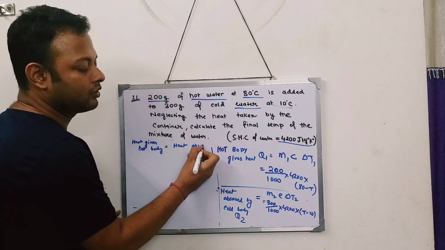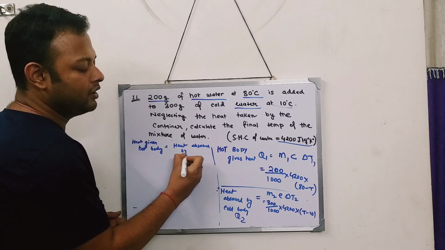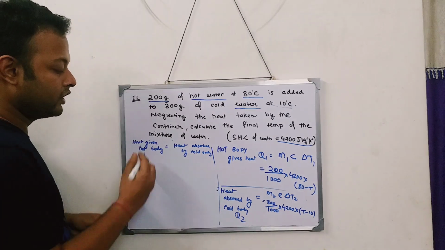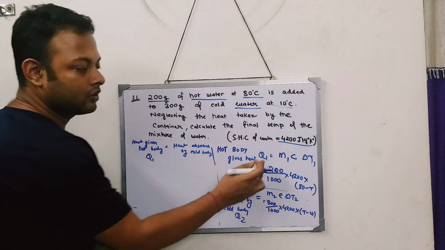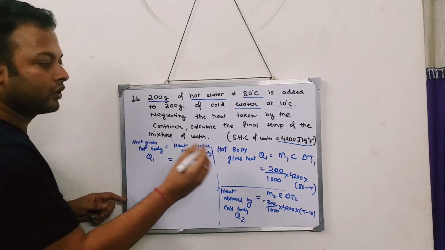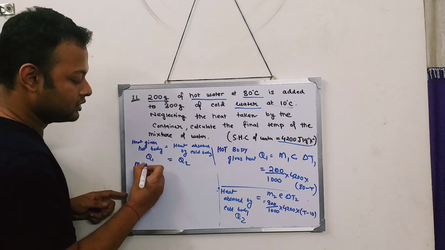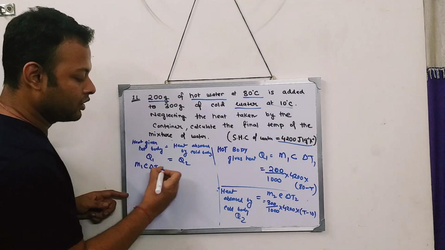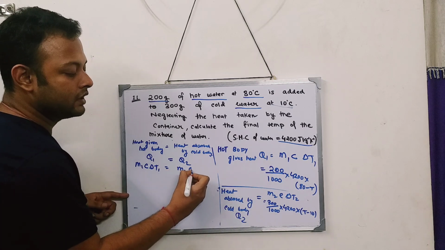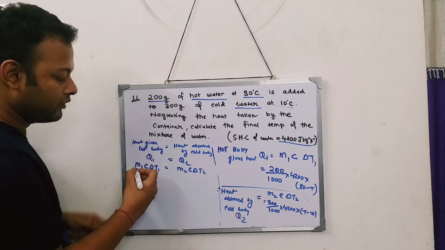We know this formula. Heat given is Q1, and heat absorbed is Q2. Q1 is M1C delta T1 and Q2 is M2C delta T2.